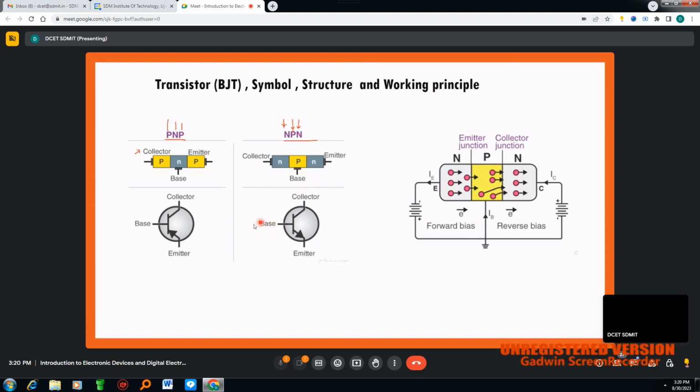So if I give base current, the transistor will be in the on condition. Audio amplifiers are constructed using transistors, and even switches are also constructed using transistors. So this is the explanation with respect to the transistor symbol and its working principle.